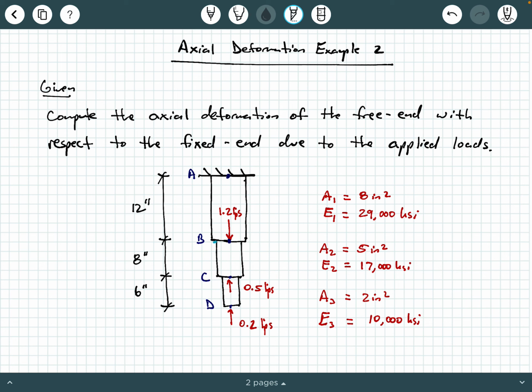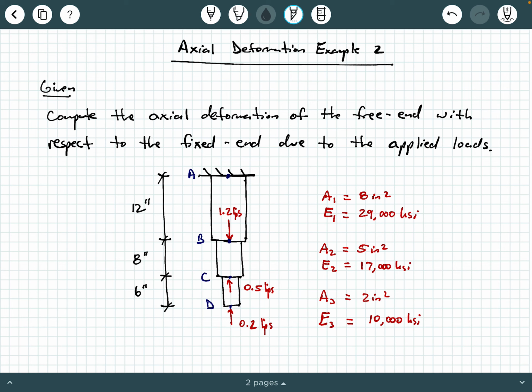Notice at the interface at point B, between the first and second segments, we have a downward oriented 1.2 kip force. At the interface at C, between the second and third segments, we have an upward facing force of 0.5 kips, and then down here at the free end, at point D, you have an upward facing 0.2 kips.